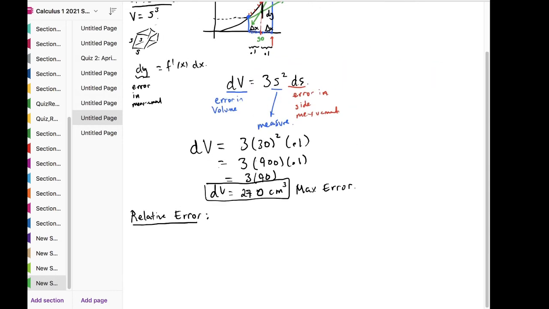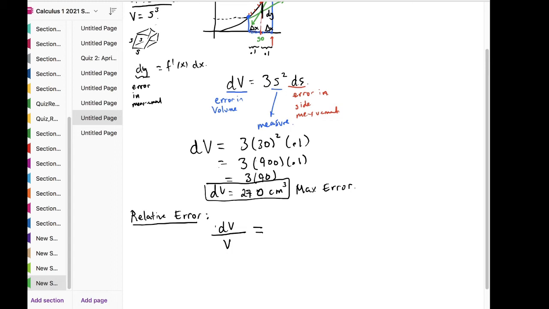For relative error, you take your maximum error divided by the measure.